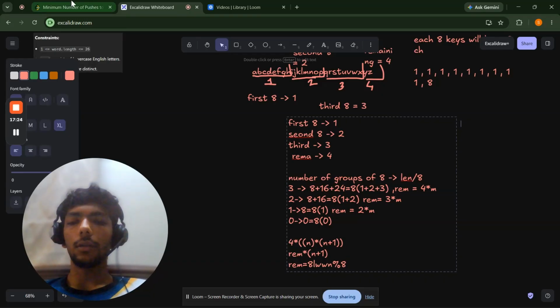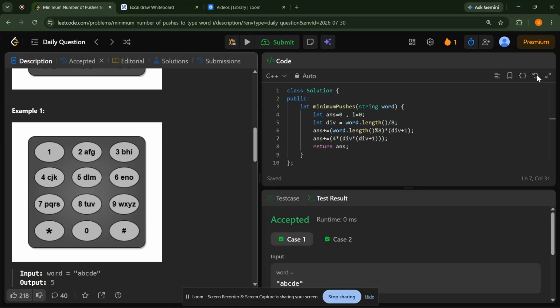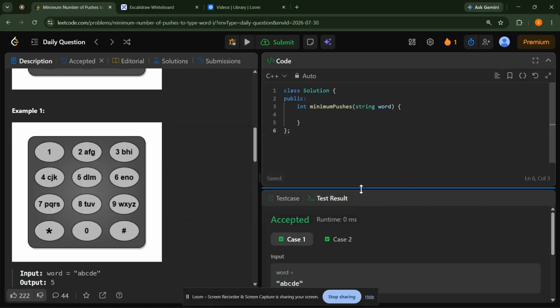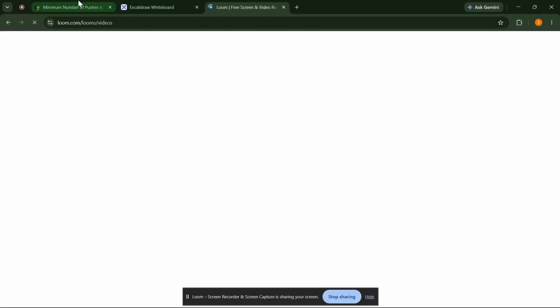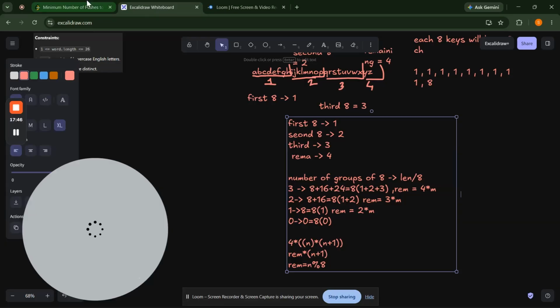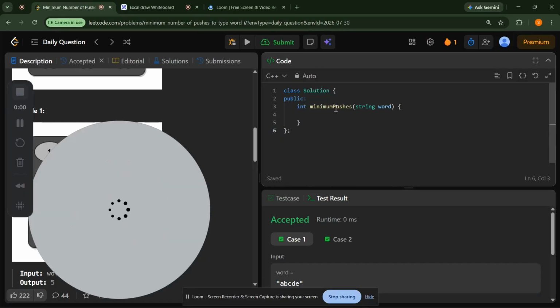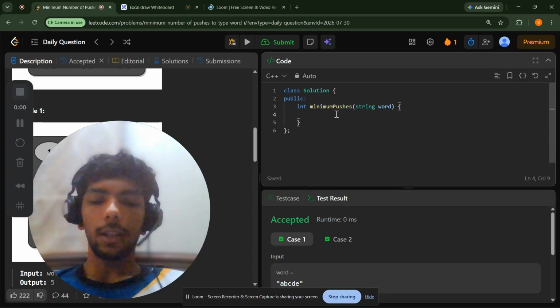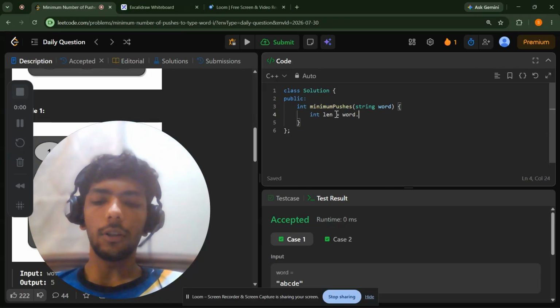Okay, so let's just implement it. We get the length, int len equals word.length.